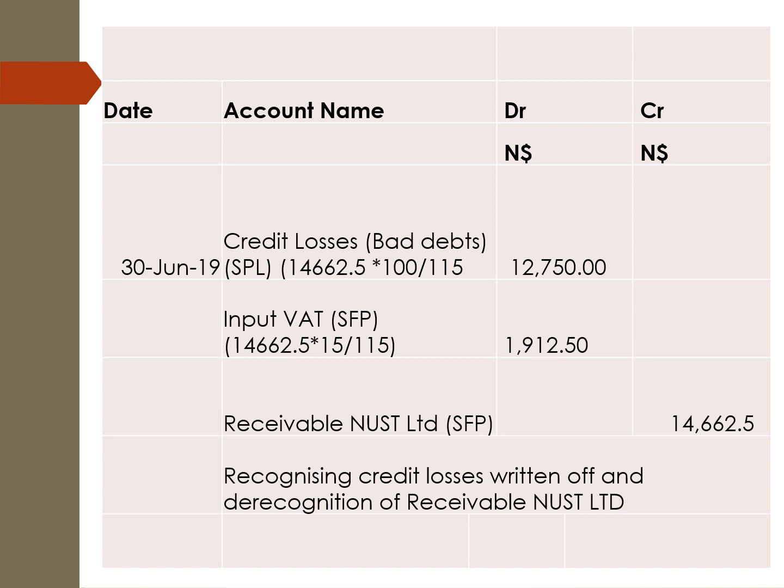Further, we debit our input VAT and then we credit our receivable NAST Ltd. We credit the receivable NAST Ltd with an amount of N$14,662.5 because receivable NAST Ltd is an asset and assets decrease on the credit side. The journal narration will be: recognizing credit losses written off and derecognition of receivable NAST Ltd.